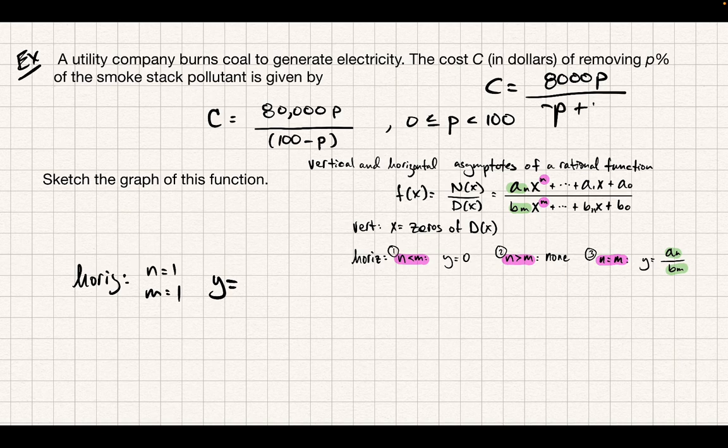Wait, why do you have to flip that over? Because I'm not supposed to pick out a sub 0 or a sub 1 or a sub 2 or a sub whatever. For this formula, I have to have the leading coefficients. That means I have to look at how it would be written in standard form, in general form.